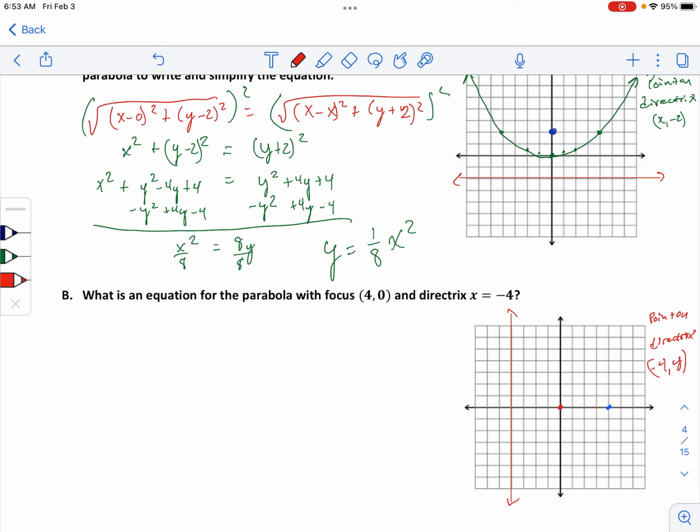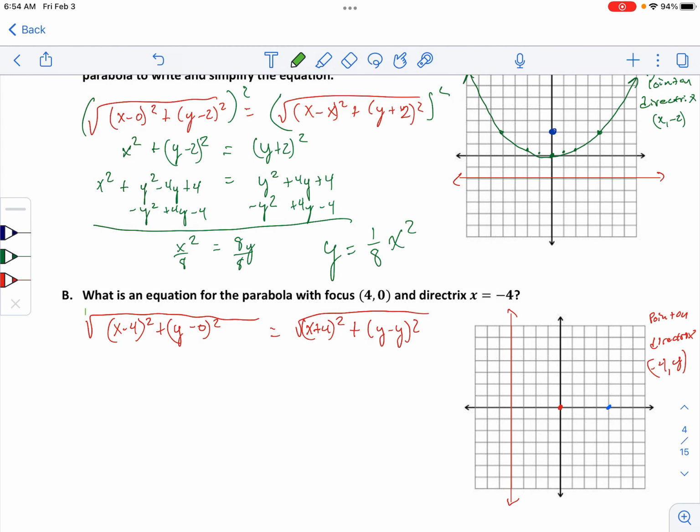And our focus point, again, is 4, 0, and then the point we're looking at is going to be x, y. So when we put this in, we have the square root of x minus 4 squared plus y minus 0 squared has to equal the square root of x plus 4 squared plus y minus y squared.